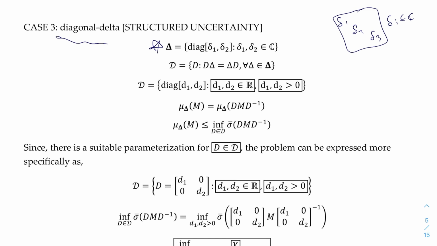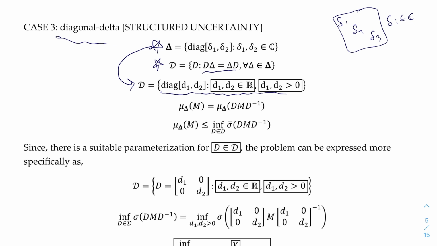So let's again define our D set. Again, this is the definition of the D set, and for that specific uncertainty form, we have that type of D set.